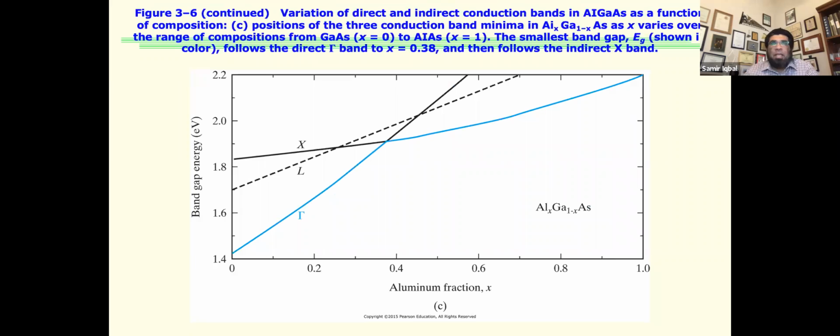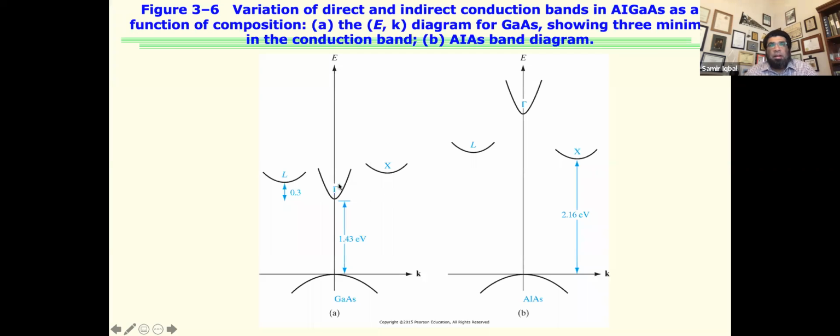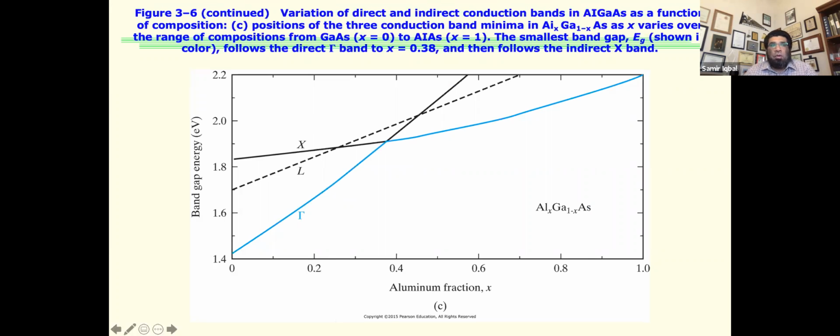So this is something, again, for a direct band gap material, this chi is what matters because this is directly, I think it's sigma, directly lined up with the valence band minima. So if we follow that concept, from here to here, everything on this side is direct band gap.